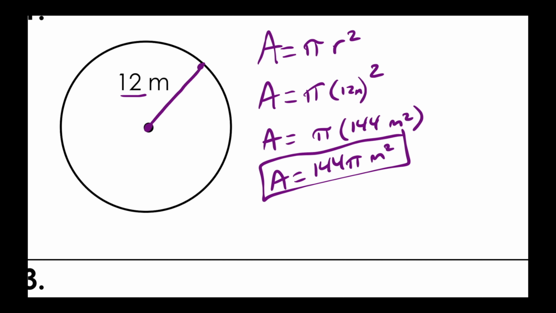One way to do it is to say the area is 144 times 3.14. We just use 3.14 for pi. And if I punch that into my calculator, 144 times 3.14, I get the area is 452.16 meters squared. And that's fine.